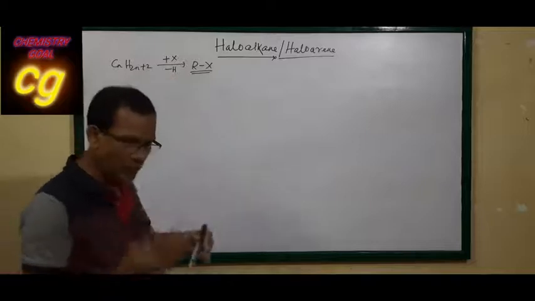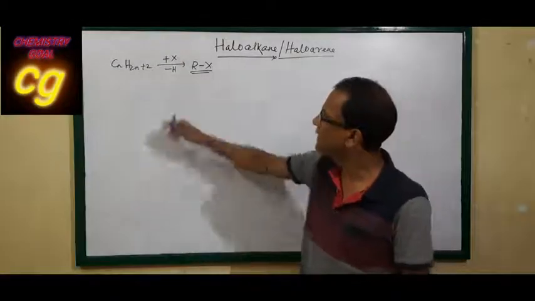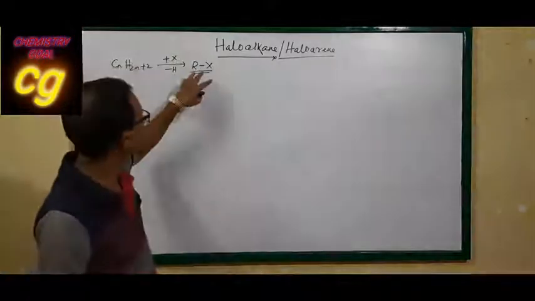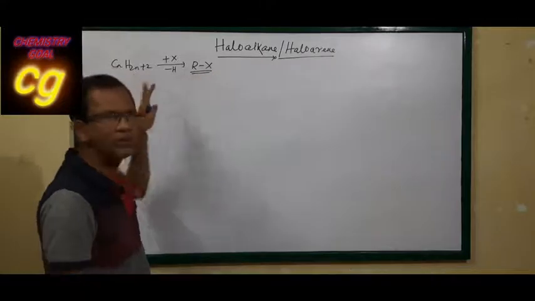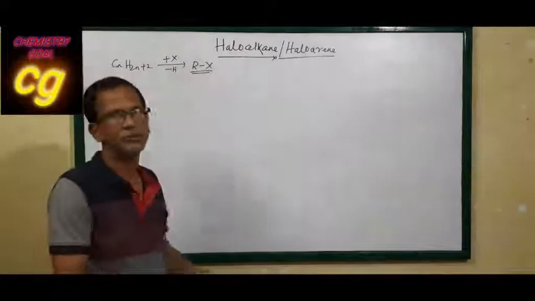The number of halogens can replace the number of hydrogens. On the basis of the number of halogens replacing hydrogens, haloalkanes are of different types.